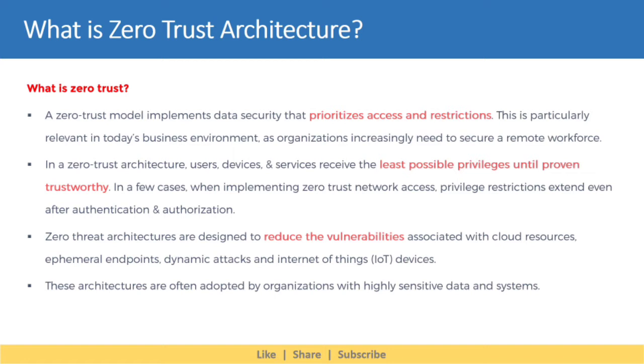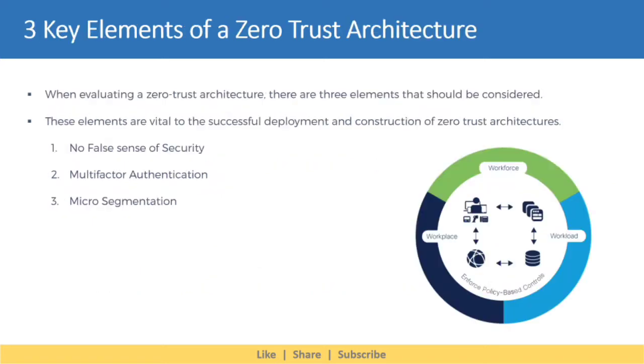In a few cases, when implementing Zero Trust network access, privilege restrictions extend even after authentication and authorization. Zero Trust architectures are designed to reduce the vulnerabilities associated with cloud resources, ephemeral endpoints, dynamic attacks, and IoT devices. These architectures are often adopted by organizations with highly sensitive data and systems.